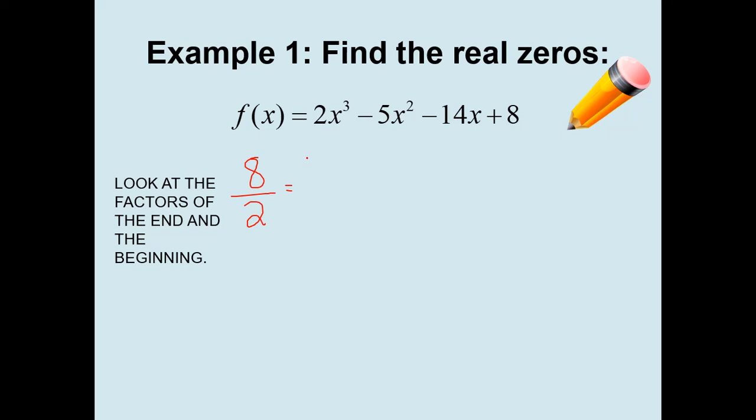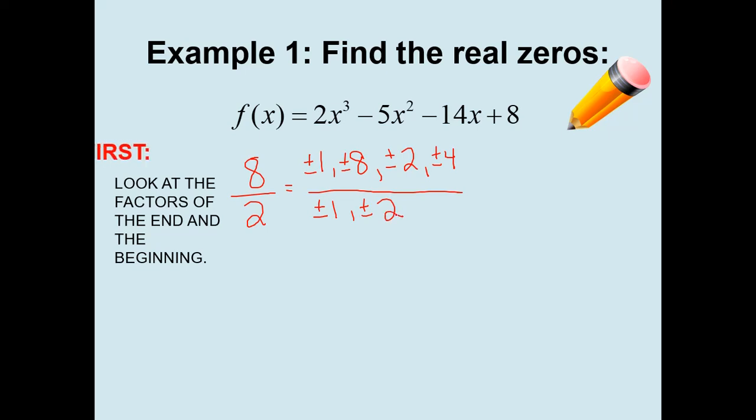Well, we could have a 1 and an 8, but we can also have -1 and -8, right? So we're going to go plus or minus 1, plus or minus 8. We can also have 2. We can also have 4, right? Those are all the numbers that make 8 ultimately. Then I've got numbers that make 2.